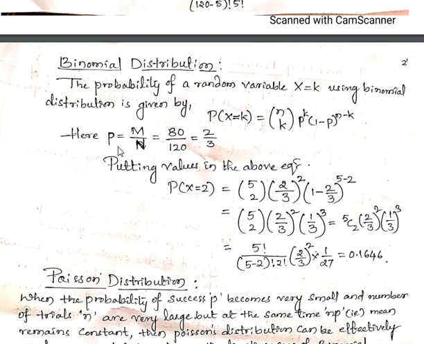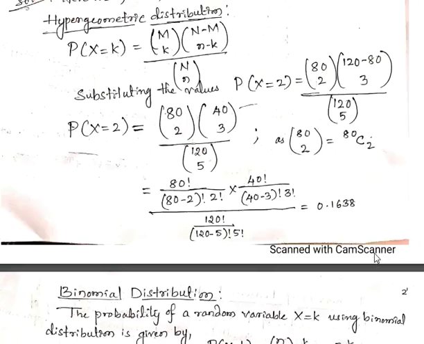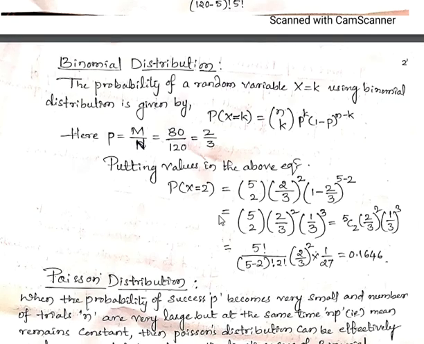And here p is nothing but M by N, which is 80 by 120, that is 2 by 3. Putting these values, we get n is 5, k is 2, and p is 2 by 3 raised to k is 2, and 1 minus p raised to n minus k, which is 5 minus 2. So we get 0.1646. So by using both of these, we get almost the same values.